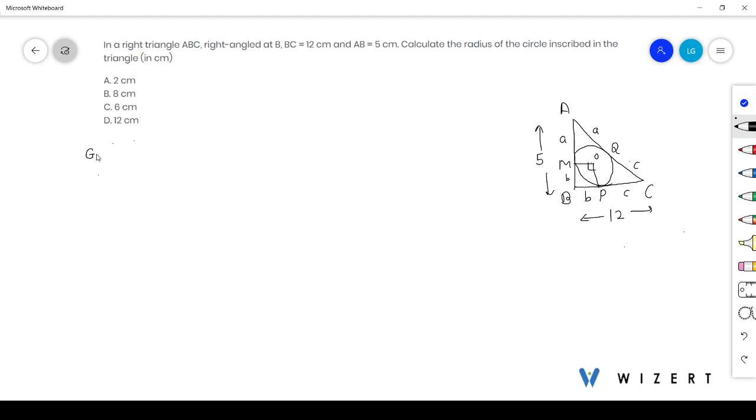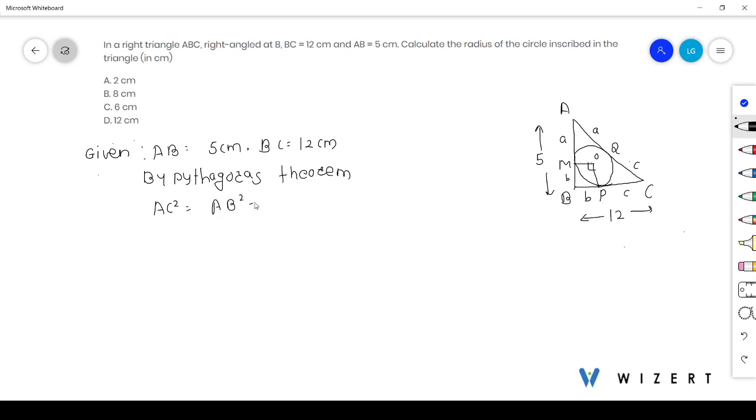Now, here we have been given AB equals 5 centimeters, BC equals 12 centimeters. So, by using Pythagoras theorem, we can find the length of side AC as AC square equals AB square plus BC square.